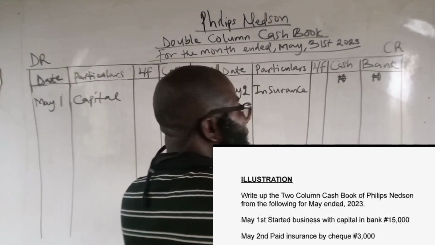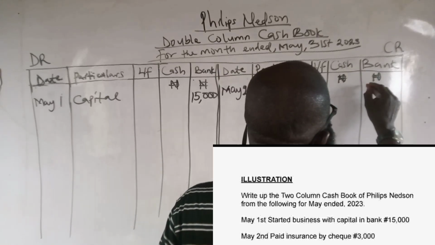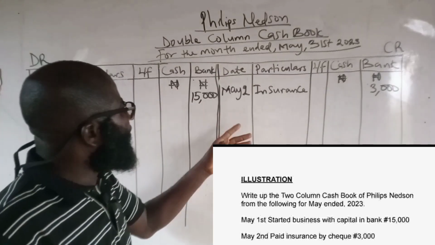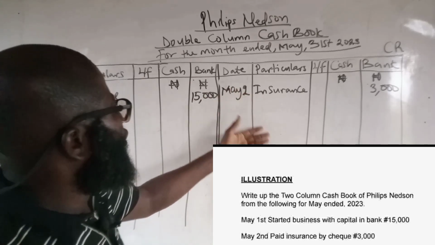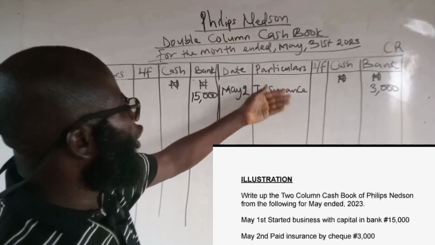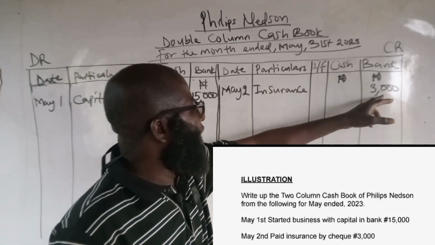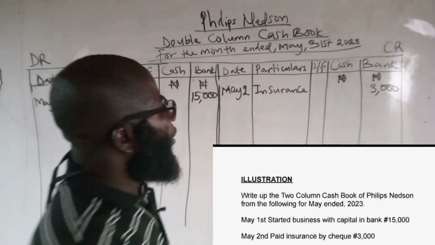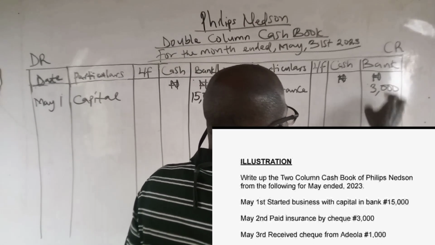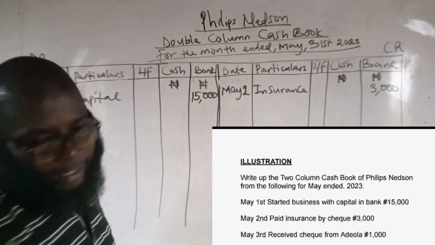Anything that has to do with check has to do with bank. Then you put 3,000 naira here. This means that on May 2nd, Phillips Netson paid for insurance worth 3,000 naira. That is the reason we have this as a payment in the bank column. It is paid through check.